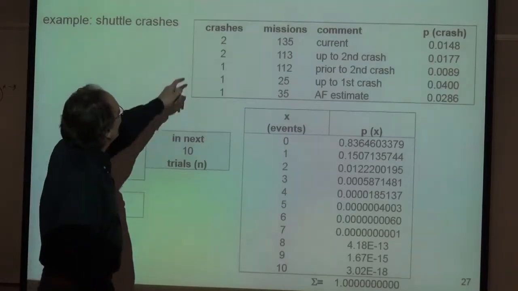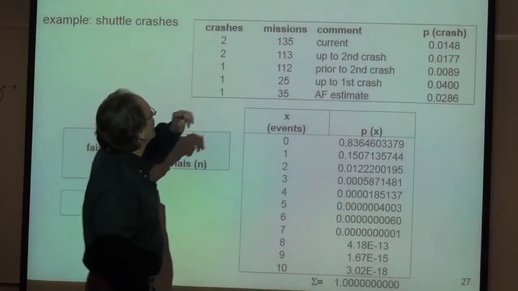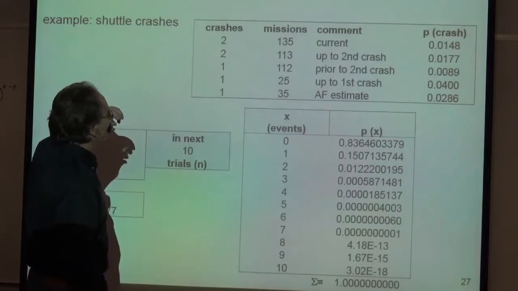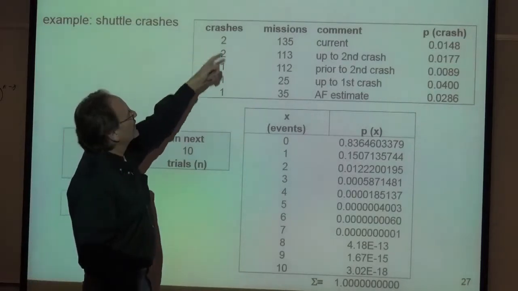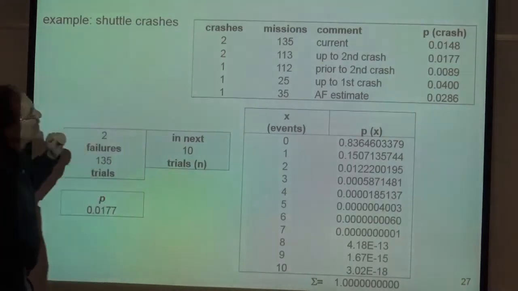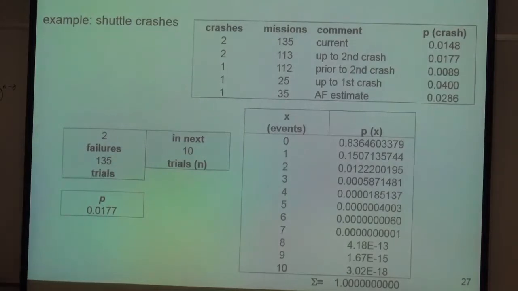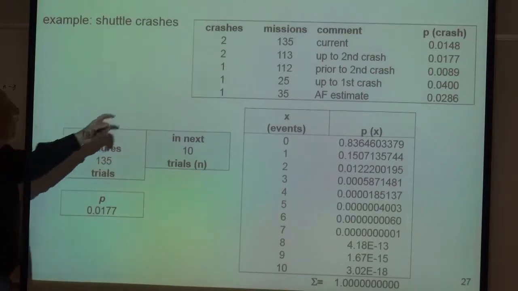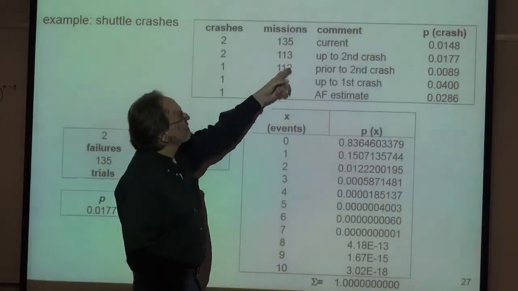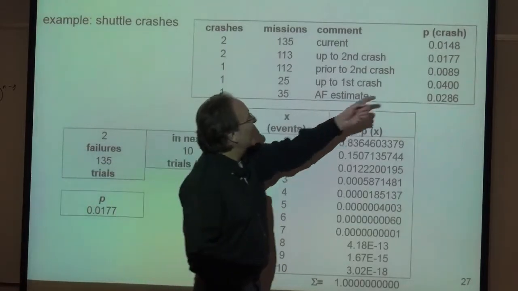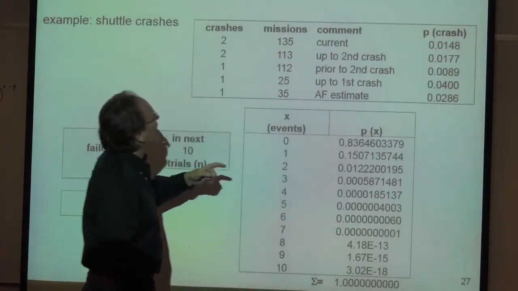Up until it stopped, I believe this was a total of 135 missions. I think I looked at that a few years ago, and 2 crashes. So the probability of a crash, if it were to continue, we could use 0.0148. There's a couple of other ways you can think about it. Up to the second crash, I was on the 113th mission, so we could use a slightly higher probability, a more conservative estimate.